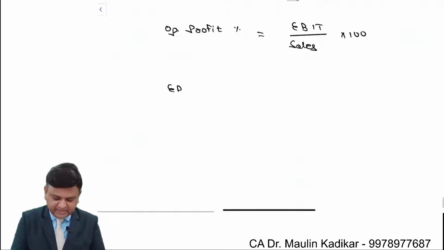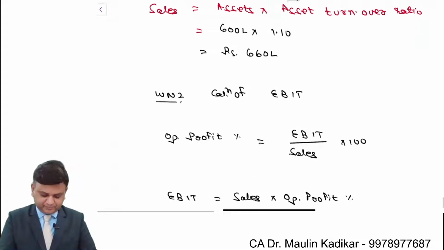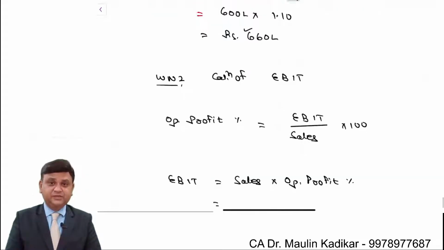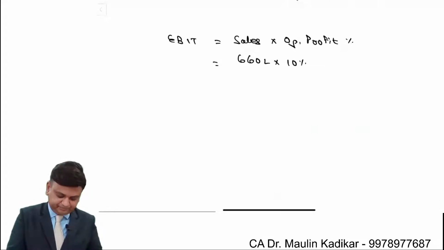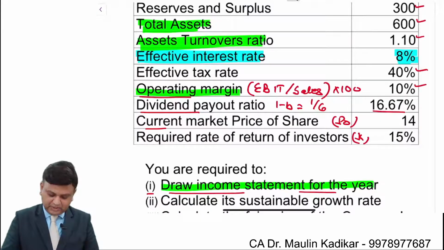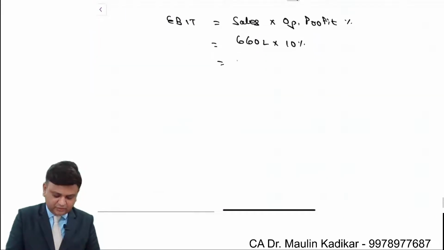So as far as EBIT is concerned, it is sales into operating profit in percentage term. So this is an amount of 660 lakhs into 10%, because this is provided to us as 10%. So that comes to an amount of rupees 66 lakhs.